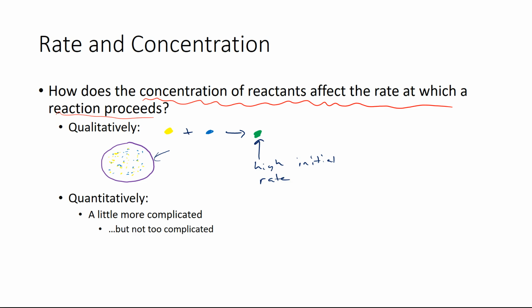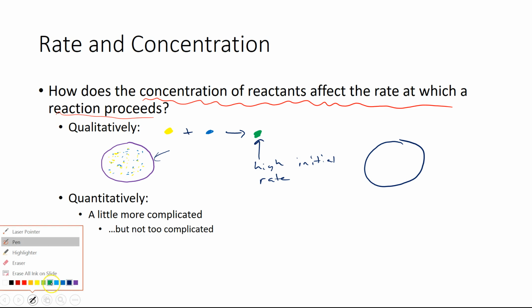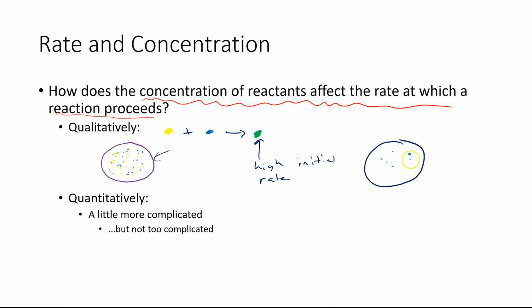Okay, so there's going to be lots and lots of collisions. But what we have to understand is the more green particles I make, the fewer yellow and blue particles there are to collide. All right, and so later on in that reaction, I'm going to have lots and lots of green particles, but really only a few stray yellows and a few stray blues hanging out in there, okay?